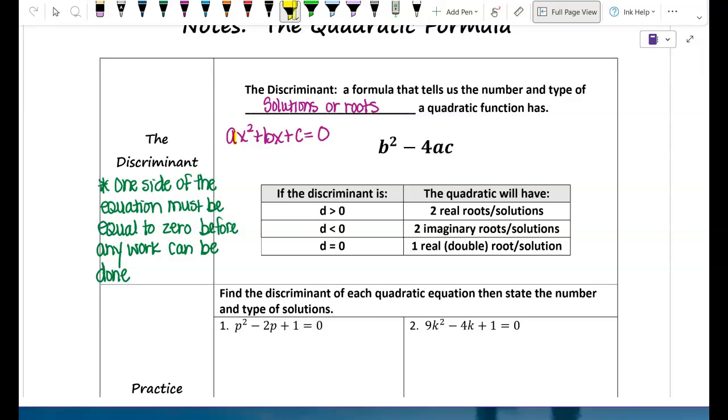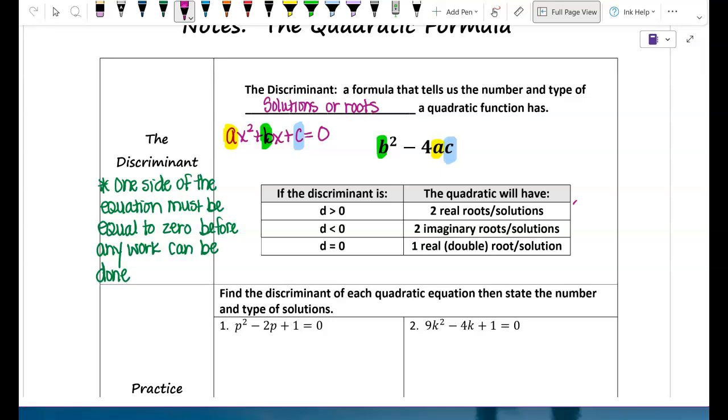And then once I do, the A will substitute in where I see A, the B substitutes in for the B, and the C substitutes in for the C. And I work out that math. And then this chart tells me if that value is greater than 0, that means I have two real roots or solutions.